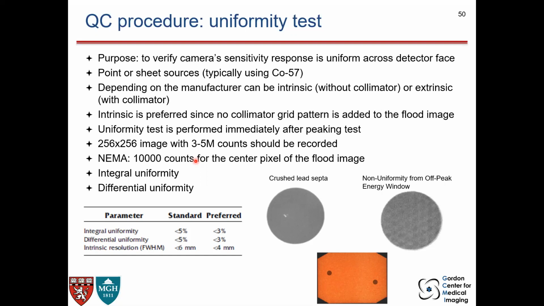And a uniformity test is performed typically right after the peaking test, because these are very relevant. With the conventional dual gamma camera, you generate a single image of 256 by 256 voxels with 3 to 5 million counts to make it statistically relevant, so that your noise is not going to be dominant.